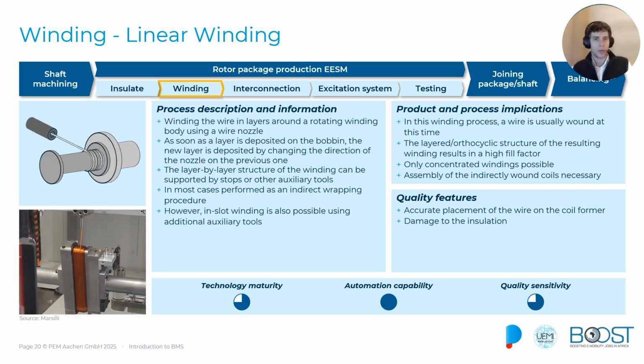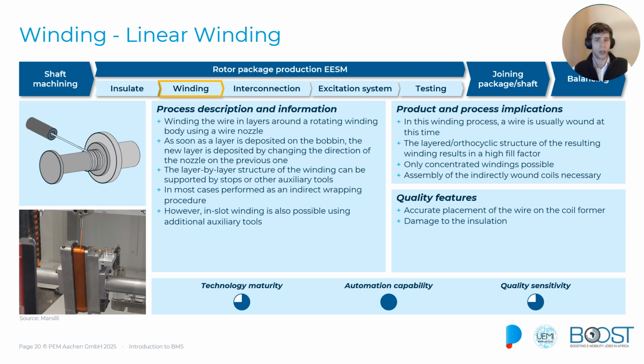Another method would be the linear winding. The process begins by securing the rotor on a winding machine. The wire is fed onto the rotor and guided along the length in straight lines, creating coils that lay neatly side by side.